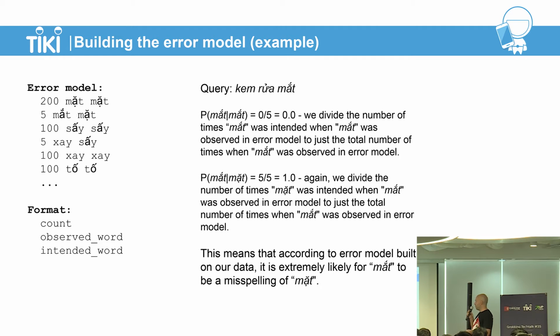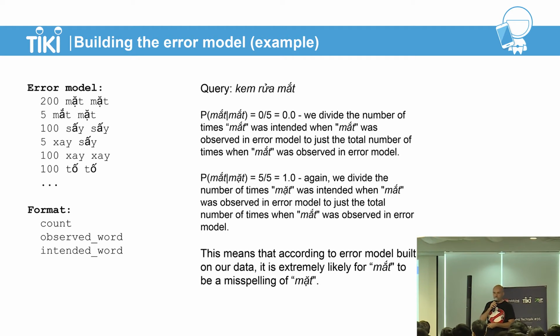So the probability of mat being a misspelling for mat in our sample error model, this is not a real one, is 1. What this means is that according to our error model, built on this sample data, it is extremely likely for the word mat to be just a misspelling of the word mat. And this is how we build the error model.